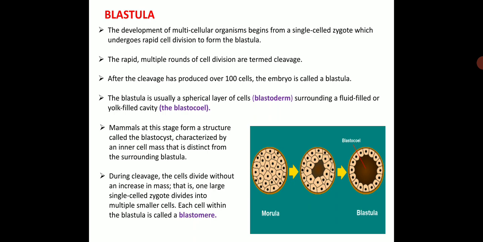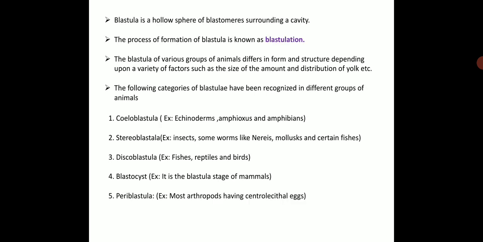In the blastula of an animal, you can see the blastoderm, the outermost layer, with a cavity, that is the blastocele, and the cells, which we call blastomeres. The process of formation of the blastula we call blastulation.